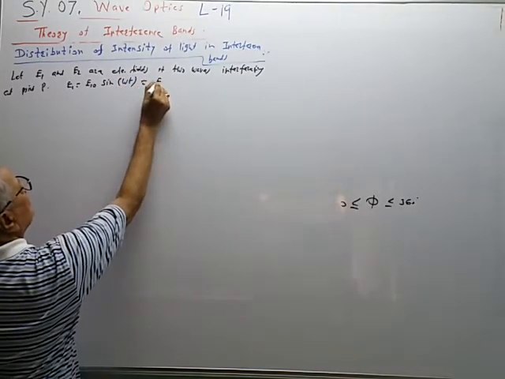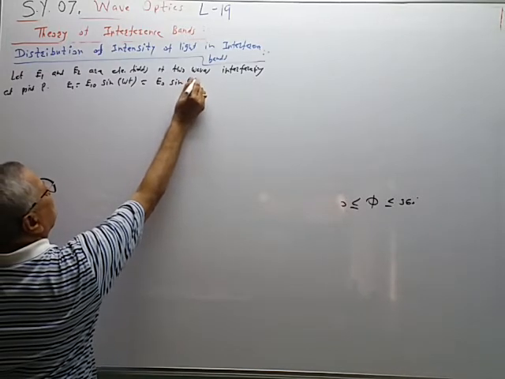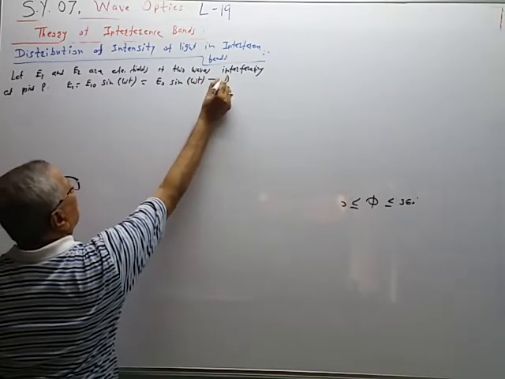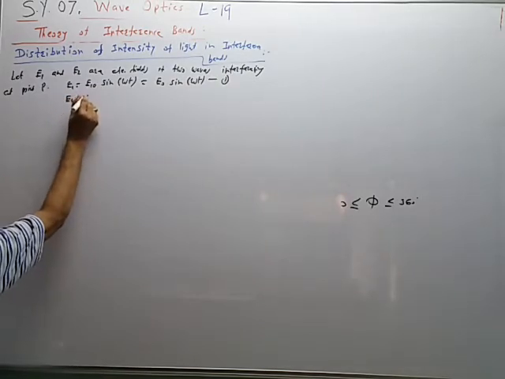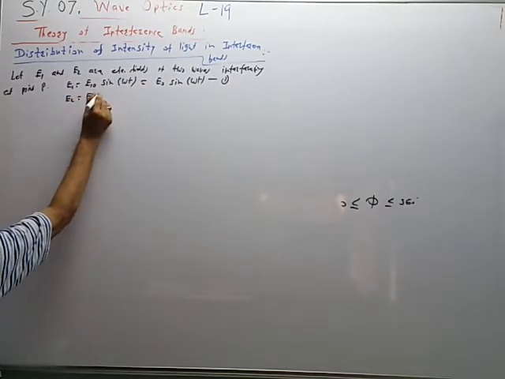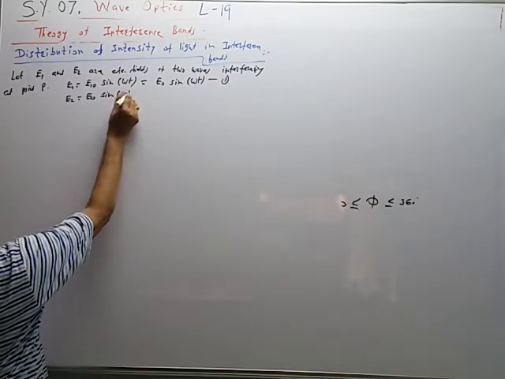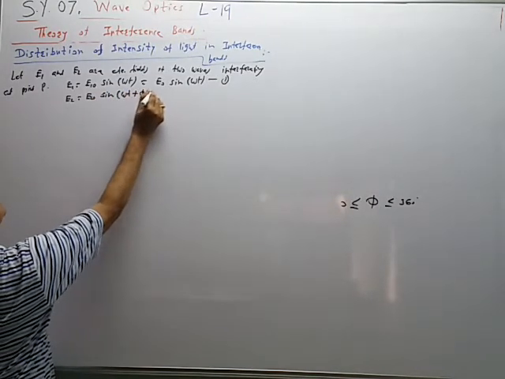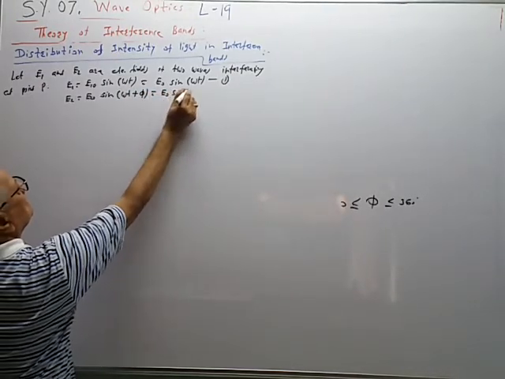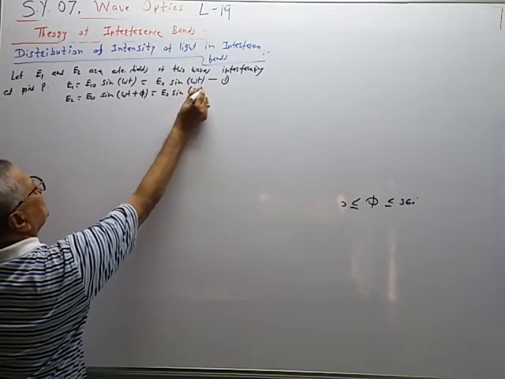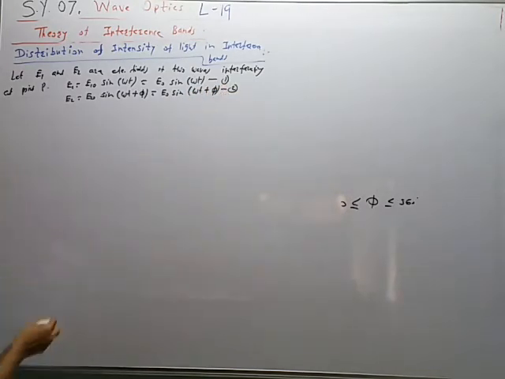So this is equal to E0 sin of omega t. This is equation 1. E2 is equal to E20 sin of omega t plus phi. Phi is a phase difference, so that is equal to E0 sin of omega t plus phi. This is equation 2.